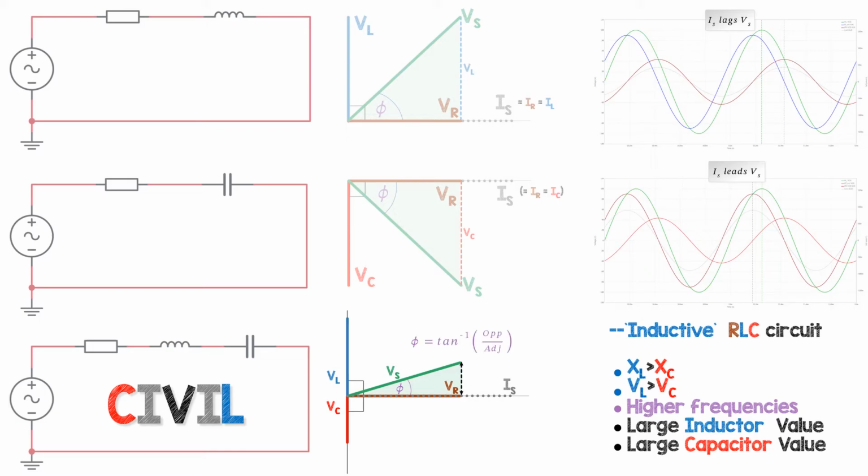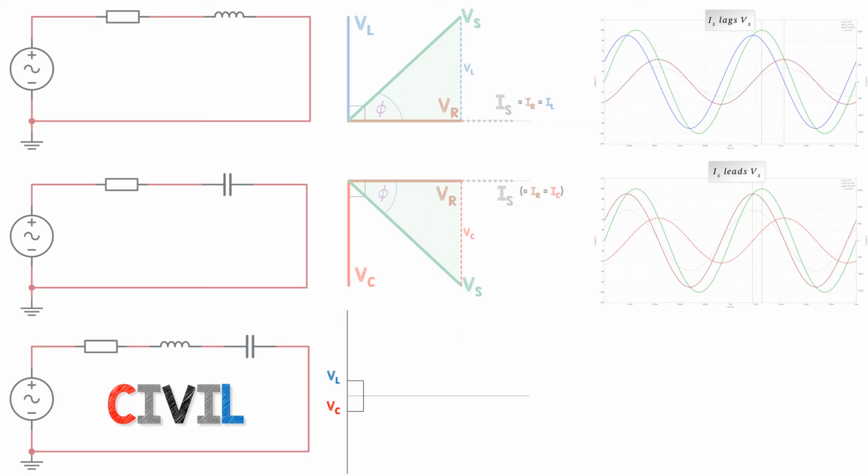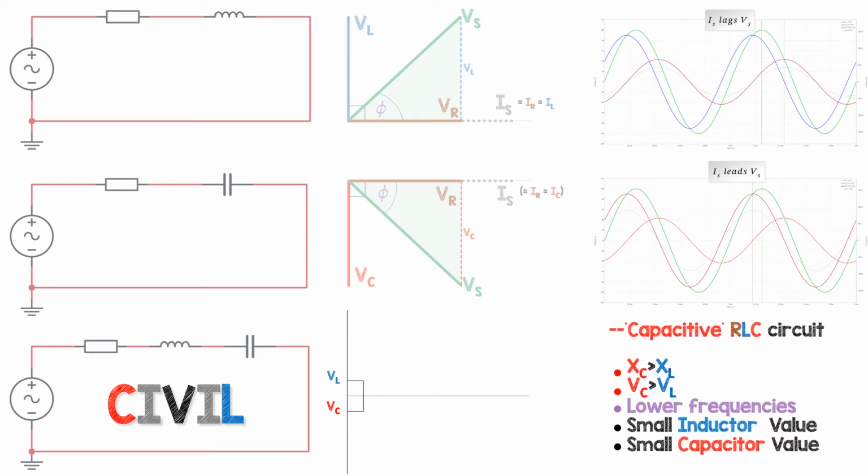Remember that VC is negative, so we're taking away the magnitude, or we're doing simple vector addition, VL plus a negative VC for the opposite side. For a capacitive RLC circuit, that just means that we'd be at a lower frequency or with a smaller inductor or smaller capacitor, and now the current leads the supply voltage.